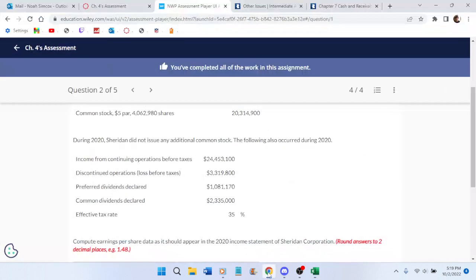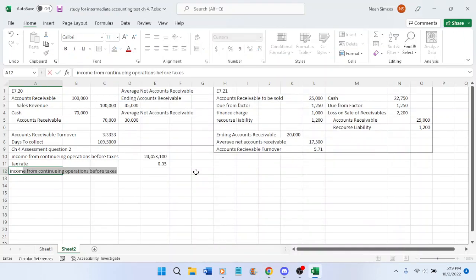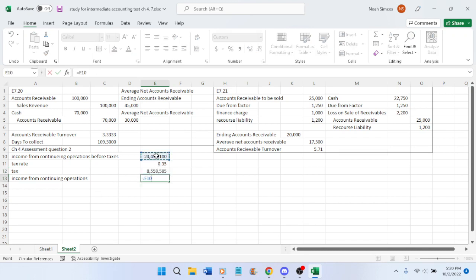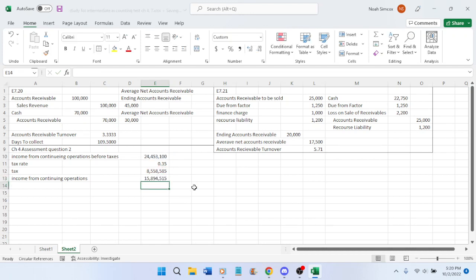So income from continuing operations equals this minus this. That was funny.